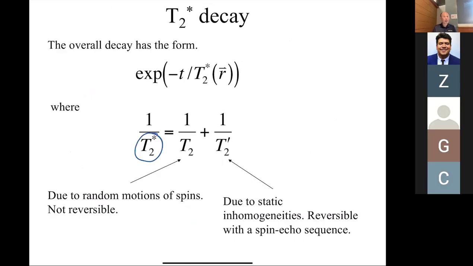That's the effective T2, and it's given by 1 over T2, which is the random dephasing, plus 1 over T2 prime, which is the static. And here's the really interesting part. T2 is due to random motion, so there's really nothing you can do about it. It's just nature. But T2 prime, you can actually estimate what caused it. Therefore, you should be able to fix it and reverse it. We'll talk about one way of doing that, which is the spin echo, one of the most famous discoveries in MR, or NMR actually.